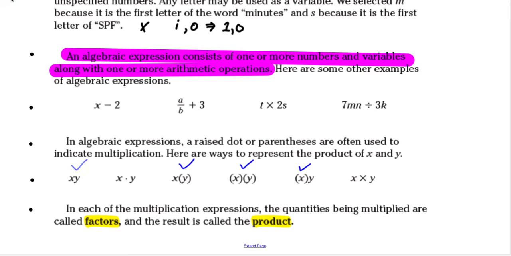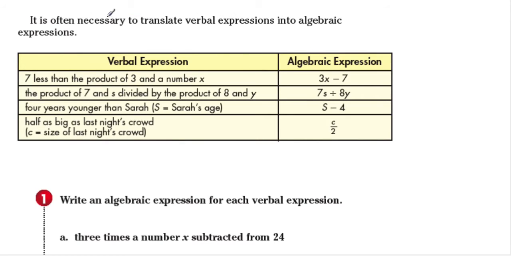Moving on. It is often necessary to translate verbal expressions into algebraic expressions. For example, the verbal expression 7 less than the product of 3 and a number x: 7 less indicates minus 7 right there.